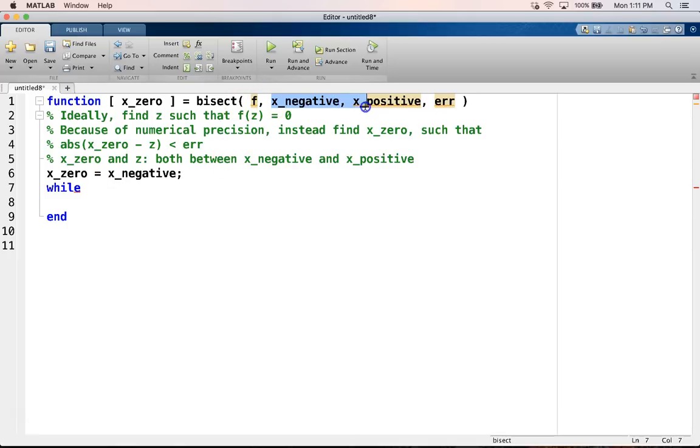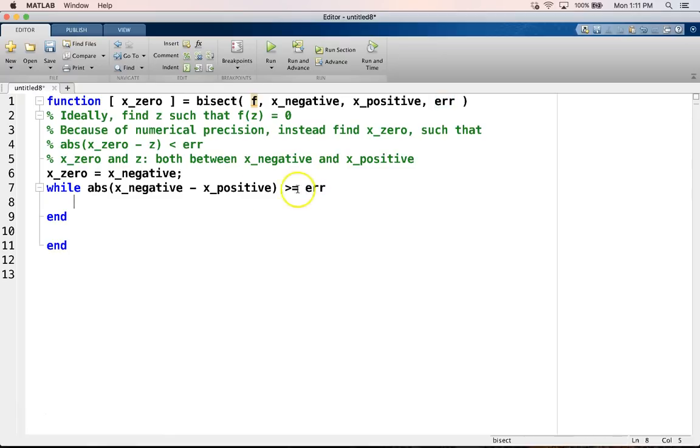I want to find some 0 that's between these, or some approximate 0 that's between these, and I want it to be within ERR of the actual 0. So what's the main idea? Let's say while the difference between them, so I know I have some bounds, x negative and x positive. So while x negative minus x positive, okay, so while that's big, so while that's bigger than or equal to error.